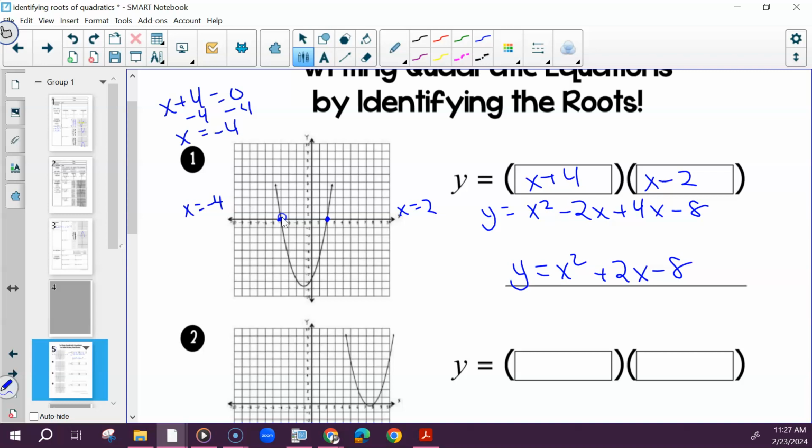Which means if I graph this and I graph this, they should look the same. So I'm going to graph this one just so we see that. And then we'll do another one. This part is really just extra. Really, you need to be able to do this part.